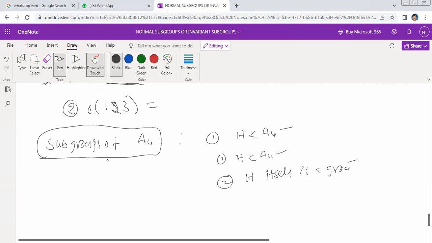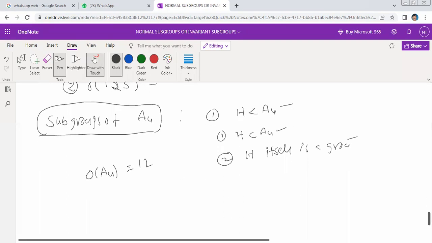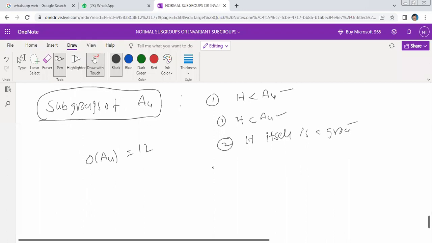What is the order of A4? Order of A4 is equal to 12. Now, what are the factors of 12? When calculating subgroups, remember that the divisors are factors of this one. Factors of 12 are 1, 2, 3, 4, 6 and 12.